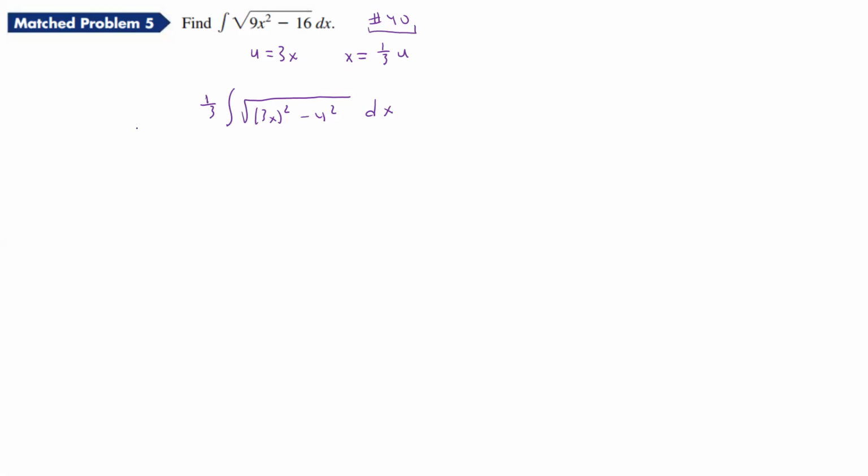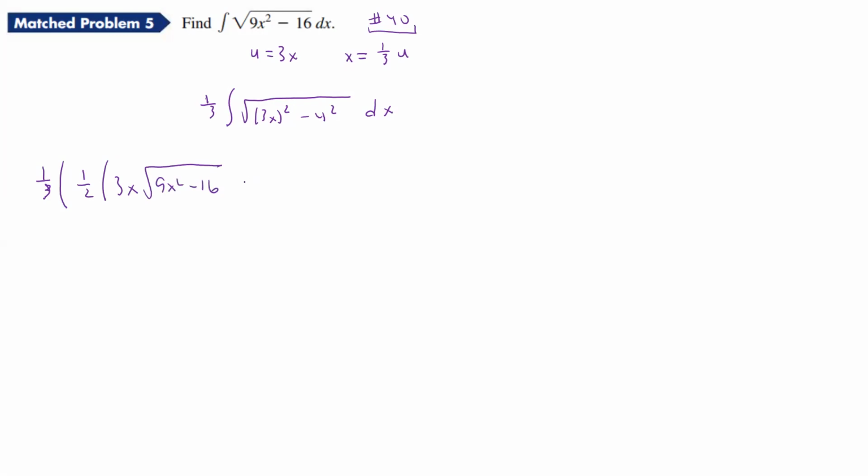So because of that, I probably need more room, so I better put it over here. We have 1/3 times, and now number 40 says we have 1/2 times 3x, which was our piece here, and then times the square root of 9x squared minus 16.